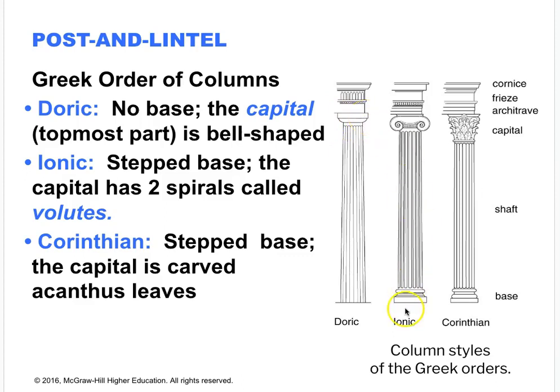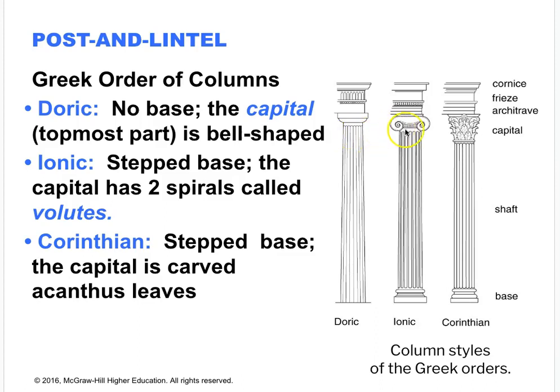Then we have the Ionic, which has a stepped base. And at the top, we have these two spirals that come out called volutes. Every Ionic column is going to have this style thing at the top. It's very identifiable. Actually, all three types are identifiable. So you just have to kind of remember the sequence of them. And they represent a time period.